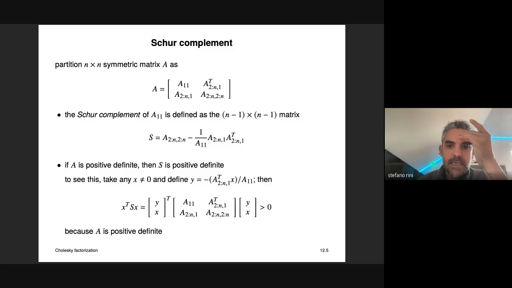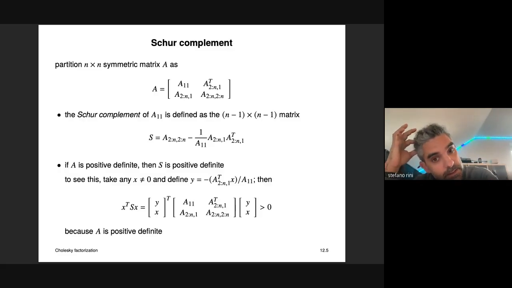So you see that the matrix S has this definition. It's just applying the definition in this case. Okay. So the element A11 is greater than 0 because it's on the diagonal of a positive definite matrix. So everything turns out to be okay.